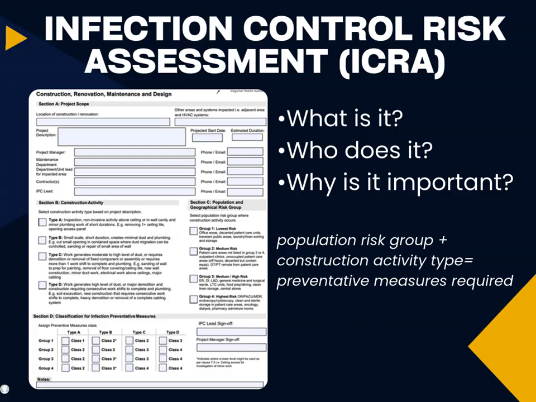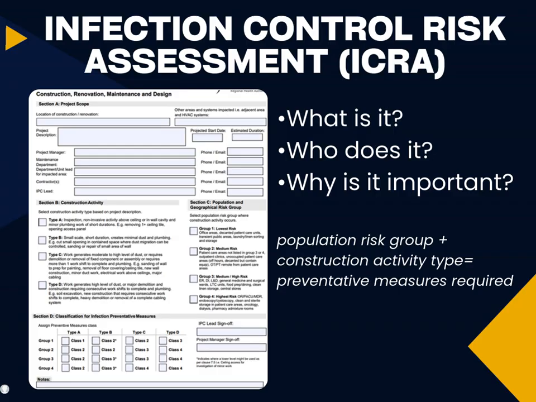The ICRA defines the scope of work and identifies impacted systems, the population group at risk, the type and invasiveness of the construction activity, and the preventative measure required for the project. Who completes the ICRA? For projects requiring preventative measures 1 or 2, the ICRA may be completed by capital planning or facilities management.